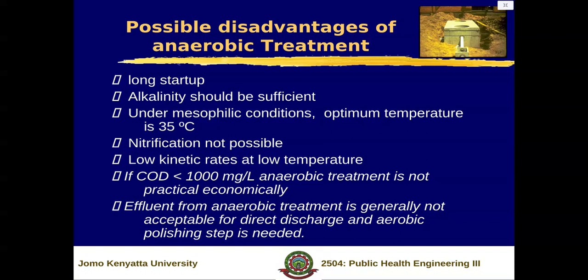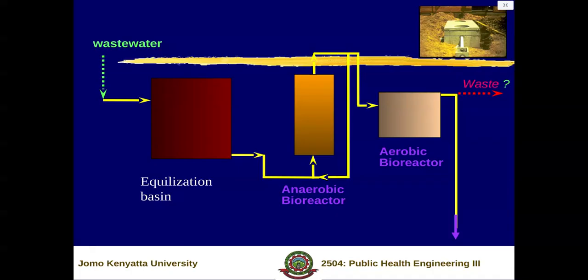So anaerobic processes are good in one part, and they have a limitation in another part. This is now a scheme for aerobic. I think we have discussed it. An aerobic reactor often is a septic tank, and so on.